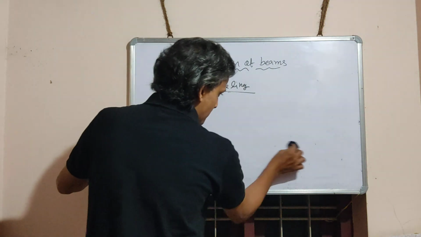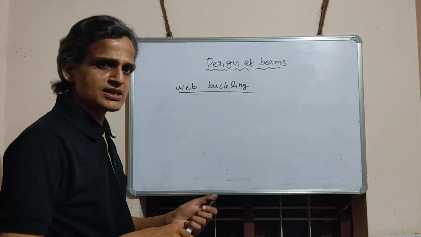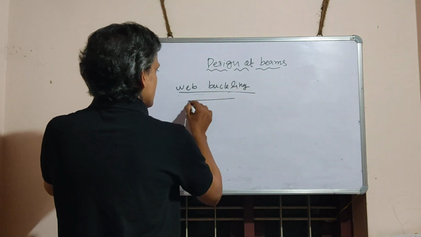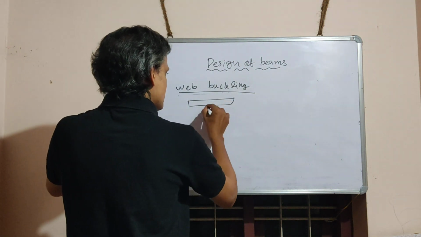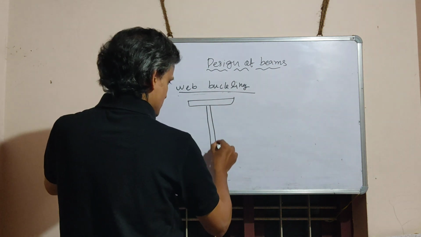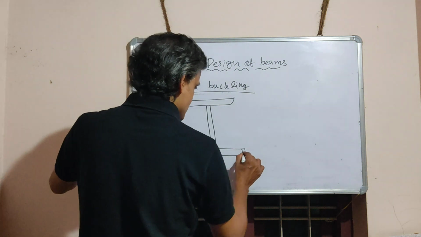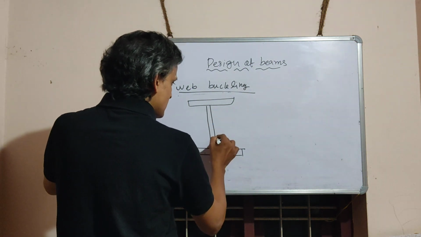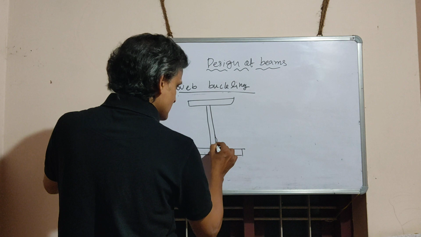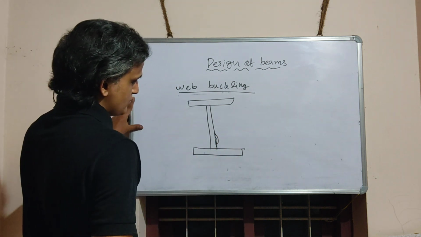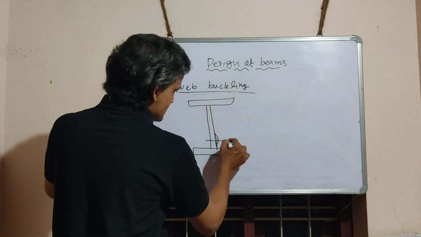Now, web crippling. It is somewhat similar to web buckling. The only difference is that web crippling is a local phenomenon, we can say. Here also the web buckles, but the buckling occurs at this junction. Buckling occurs at this point only.